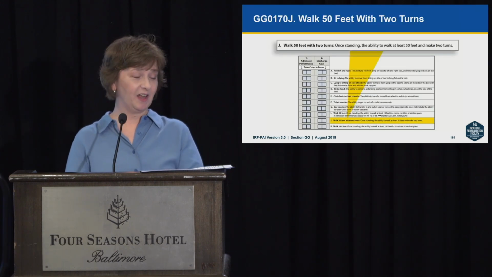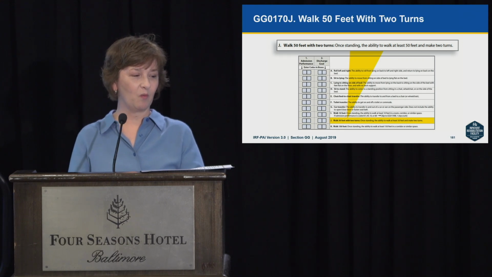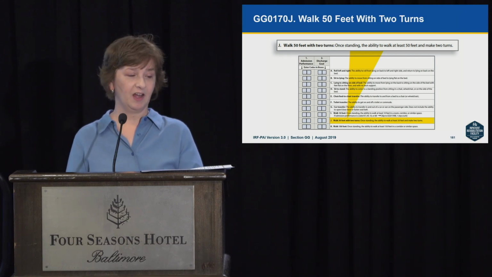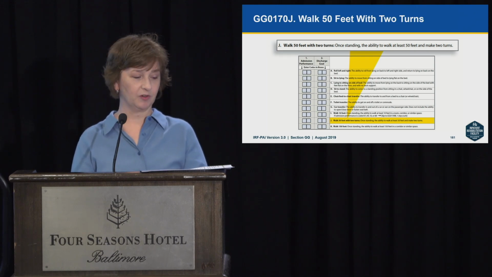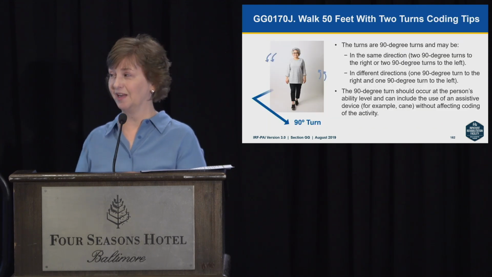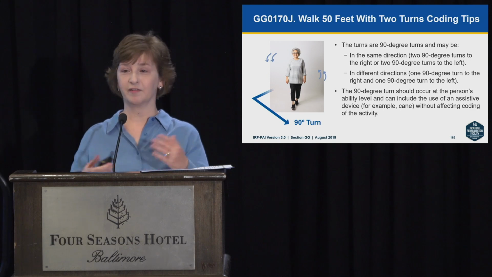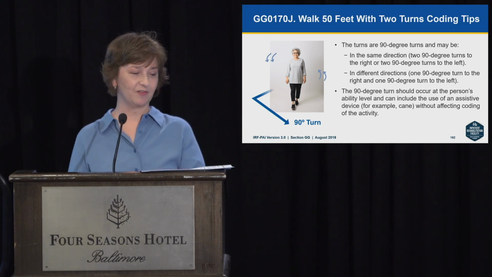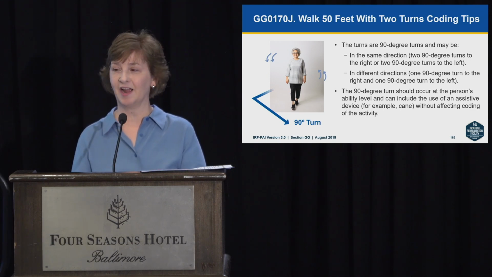Okay, the next activity is walking 50 feet with 2 turns. Again, this is going to begin with the person standing, and it refers to the ability to go 50 feet and make 2 turns. Common question we get about this activity is, what is a turn? So CMS has determined a turn for this particular activity refers to 90-degree turns.